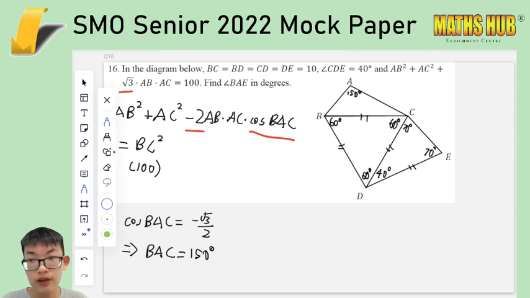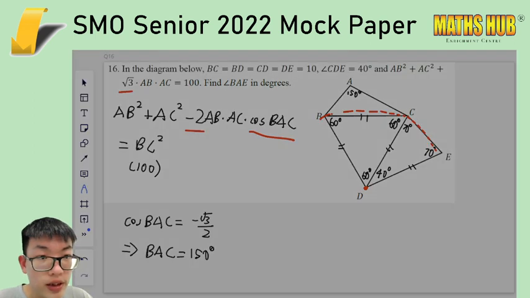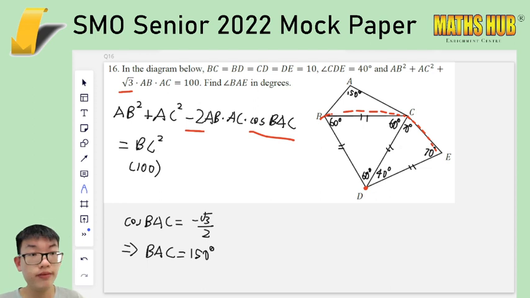In fact, what we can do is something like this. We realize that since D is equidistant to B, C and E, we can draw a circle centered at D, passing through those 3 points. I'm not going to draw the whole circle, it's not very needful.